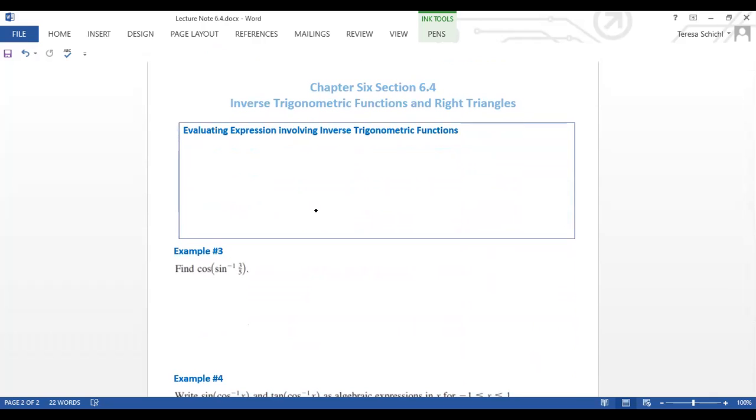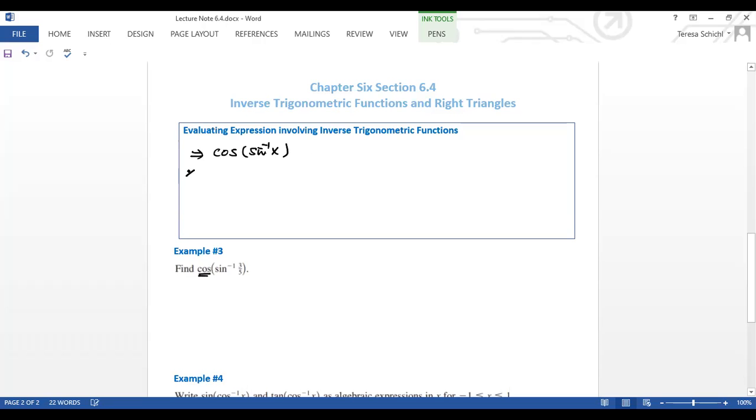Basically we are trying to find something like cosine of arcsine of negative x here. I'm going to go step by step and write down the directions here. So in this example, we have cosine of arcsine of 3/5.